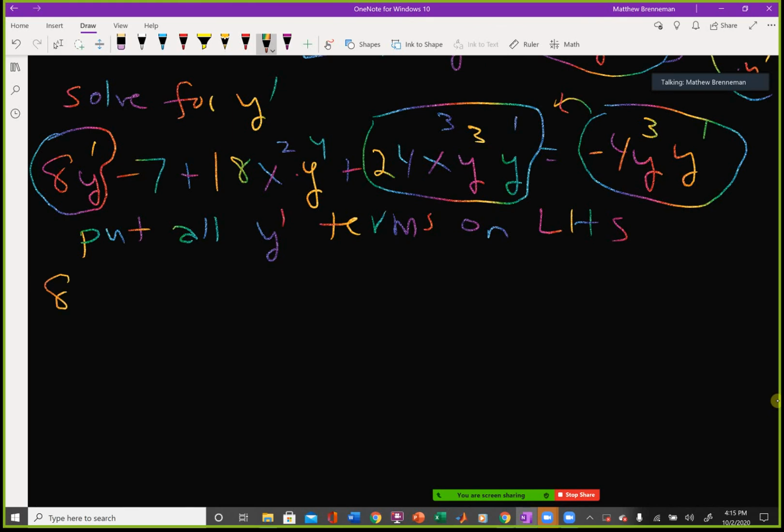So we have 8y prime plus 24x cubed y cubed y prime plus 4y cubed y prime.